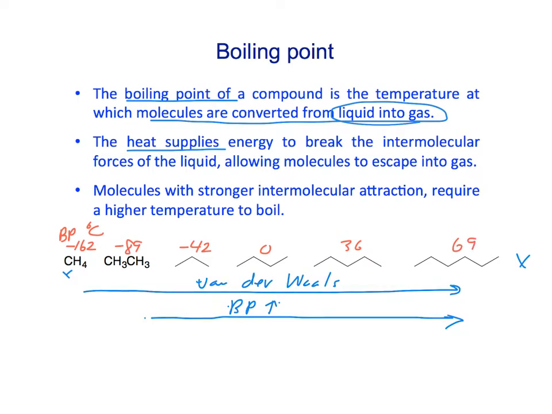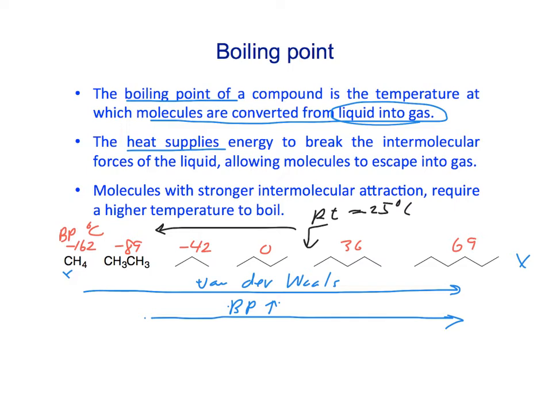What can we learn from this about the physical state of these molecules if we're at room temperature, which is around 25 degrees Celsius? All right, so that is right here. If we look at the molecules that are below that, it means that at room temperature, the temperature is above the boiling point.